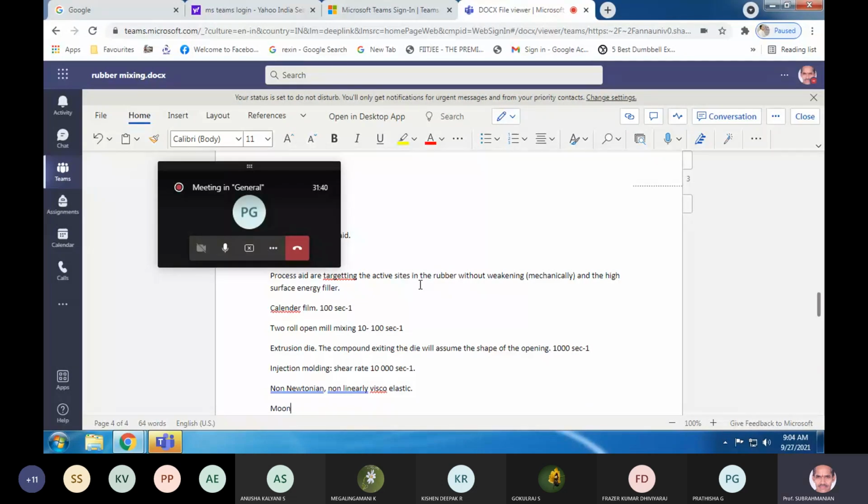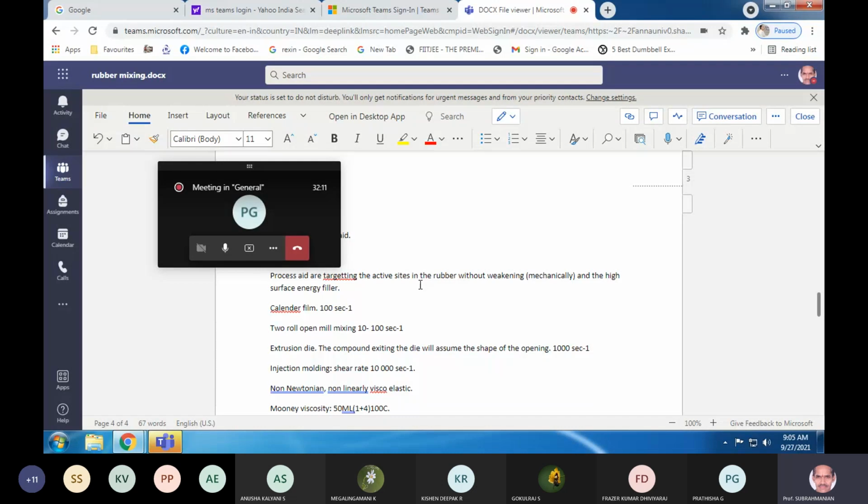Mooney viscosity is often around 50 ML 1+4, tested at a temperature of 100 degrees. This is common, but there are rubbers that have a higher viscosity and different test temperature.